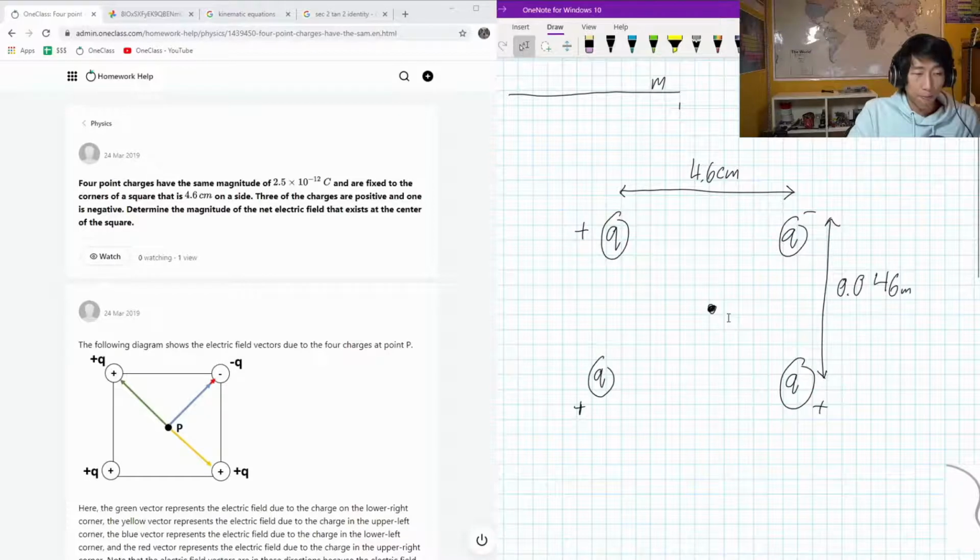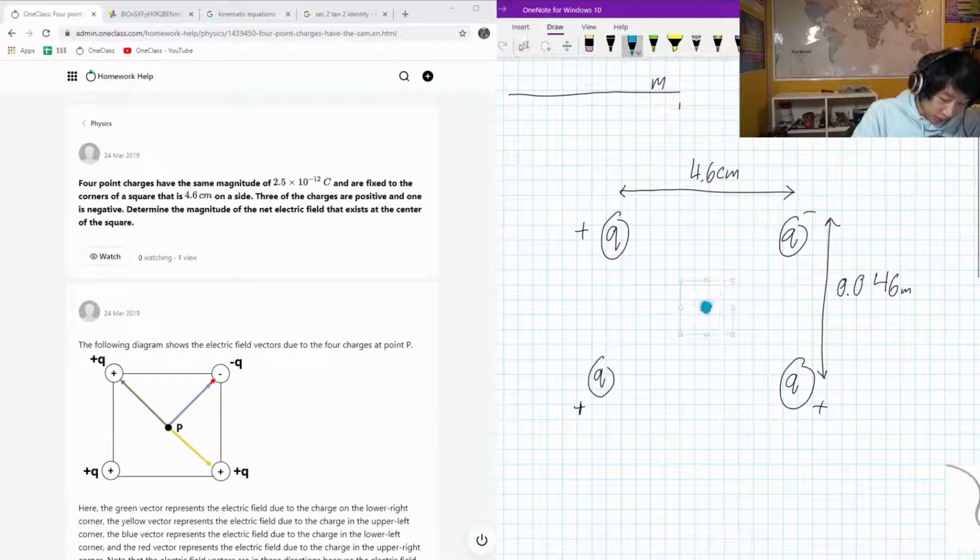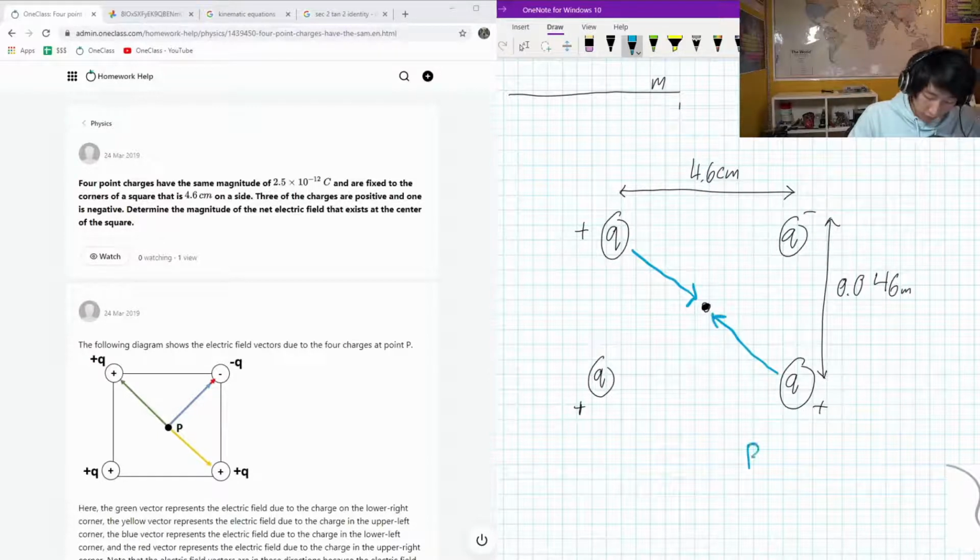Because this little point in the middle is perfectly in the middle, we know that the forces here, the blue forces, cancel out.